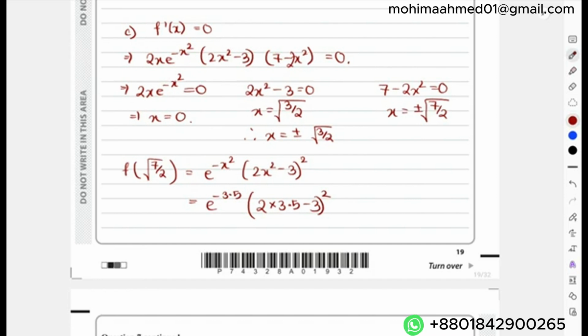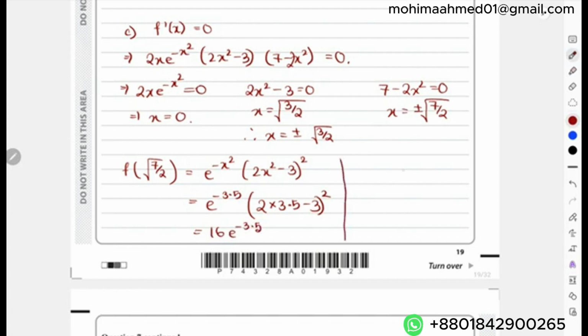So you get 0.483, 15 something. What you can do is that 2 times 3.5 minus 3 is actually 4, and if you square it, it becomes 16. So you can write that this is 16 e power minus 3.5. So in that case, you also found out the lower range.